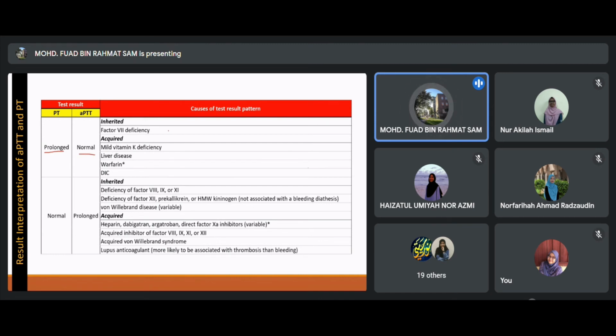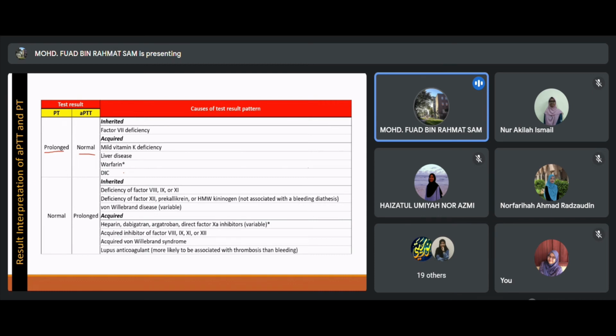So it might be the patient is factor 7 deficiency, or maybe mild vitamin K deficiency, liver disease, involved of warfarin, or DIC. DIC is disseminated intravascular coagulation.